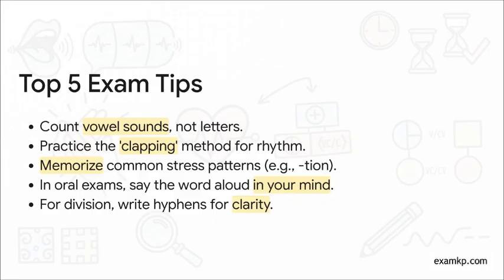Number 1, count the vowel sounds, not just the letters you see. 2, practice that clapping method to really get a feel for the word's rhythm. 3, memorize those common stress patterns, especially for words ending in -tion. 4, in an oral English exam, say the word clearly in your head. And 5, if you're ever asked to write it out, use hyphens. That kind of clarity is what examiners love to see.